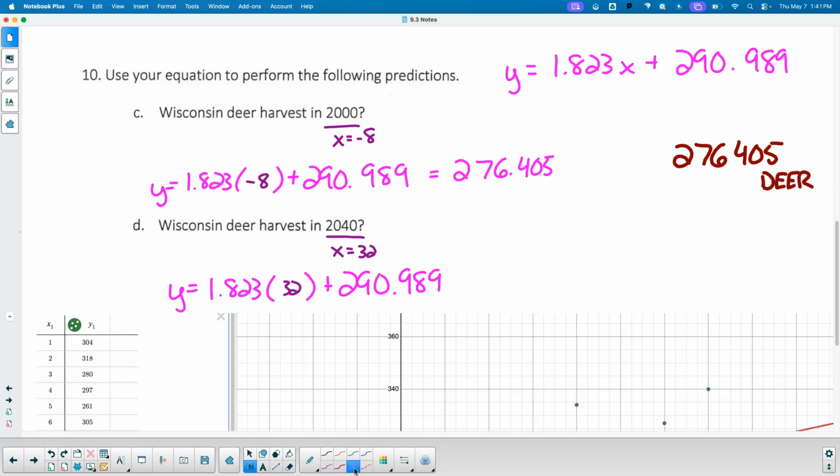Here I got 349.325, which means that they harvested 349,325.